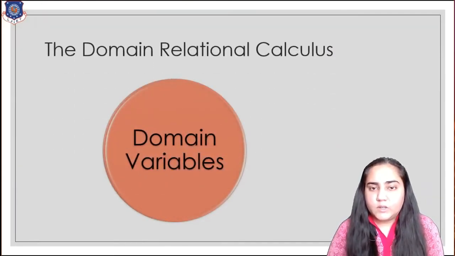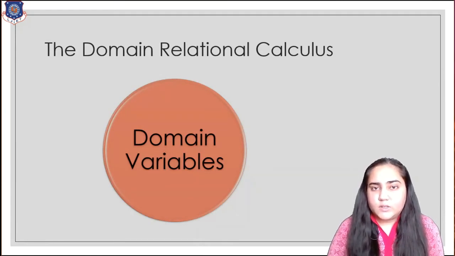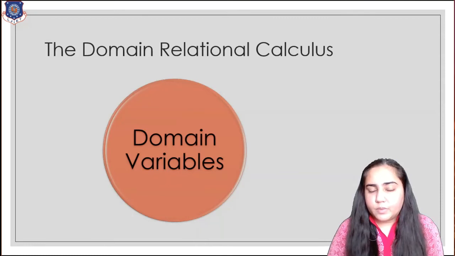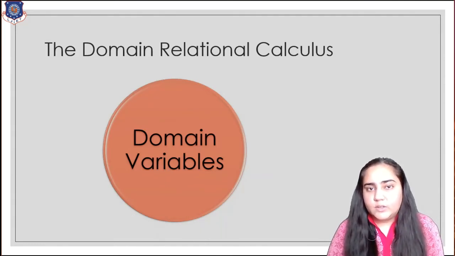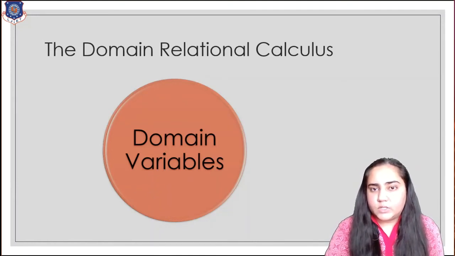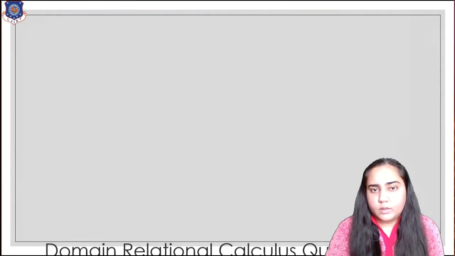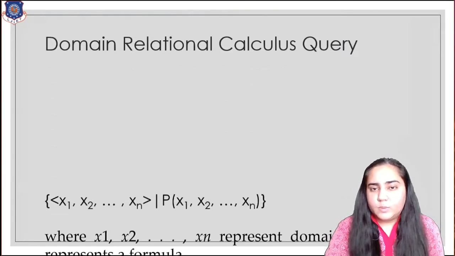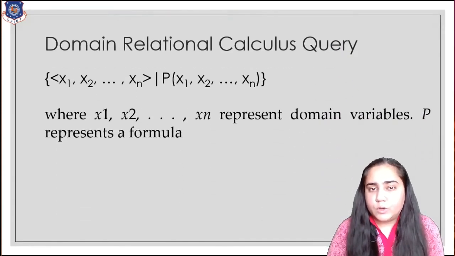Domain relational calculus works with domain variables. In tuple relational calculus, we were working with rows and using rows as variables. In domain relational calculus, we will be working with columns and using column names as variables. But it is very much like tuple relational calculus, and it is non-procedural as well. Now, this is what a query looks like in domain relational calculus.